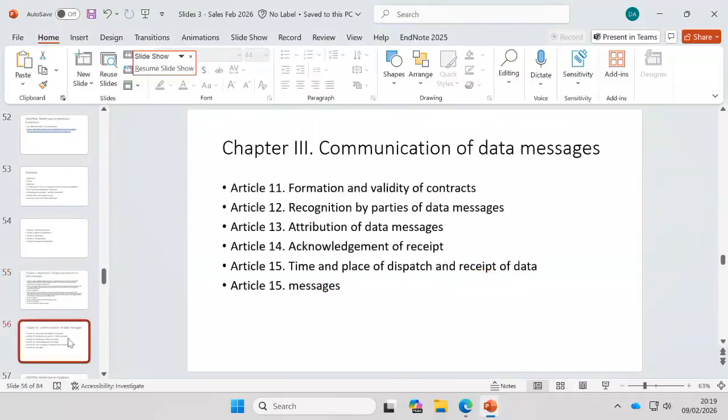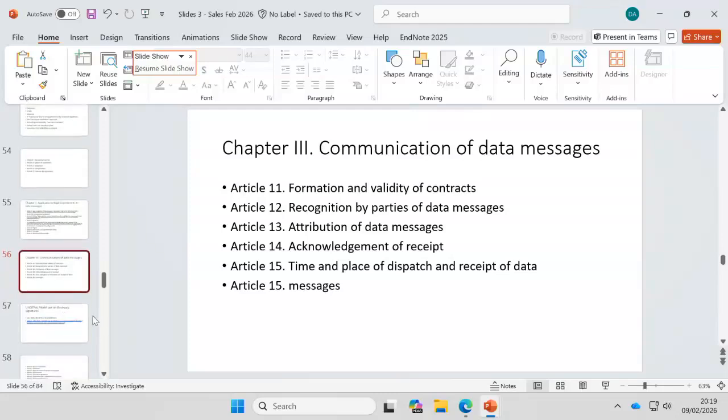Communication, formation, and validity of contracts, recognition by parties of data messages, attribution of data messages, and acknowledgement of receipt.